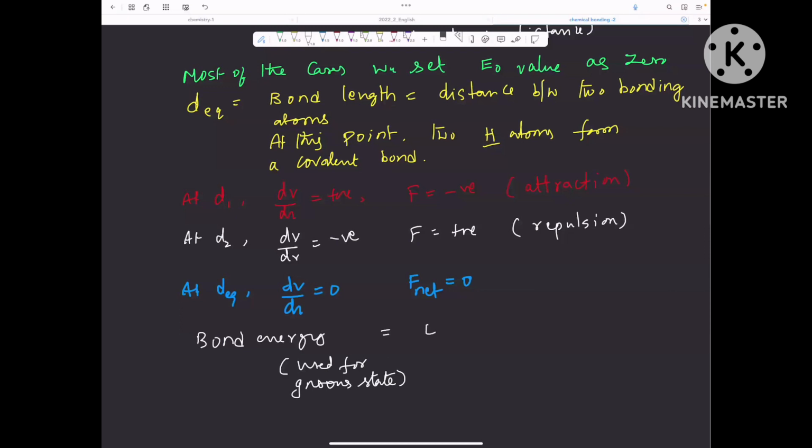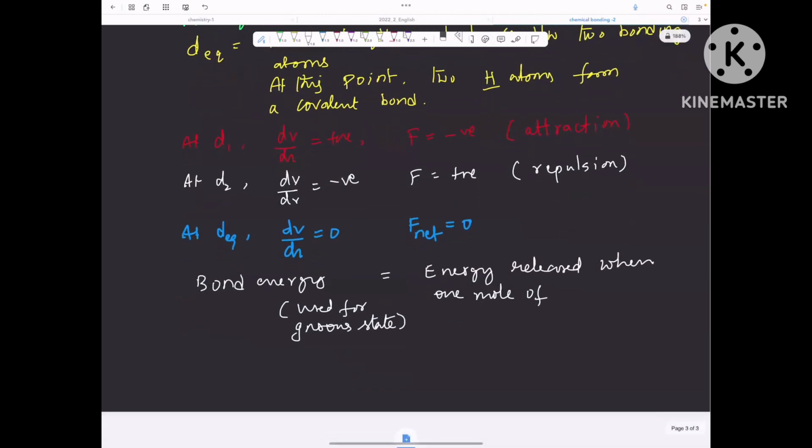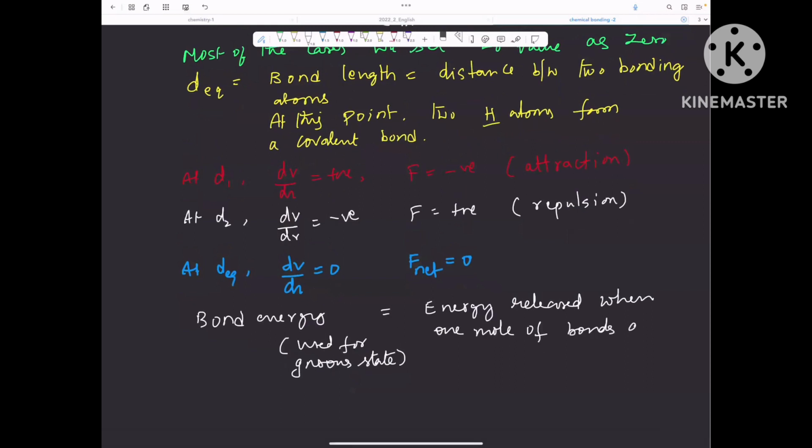Bond energy is energy released when 1 mole of bonds are formed. So bond energy is amount of energy released when 1 mole of bonds are formed.